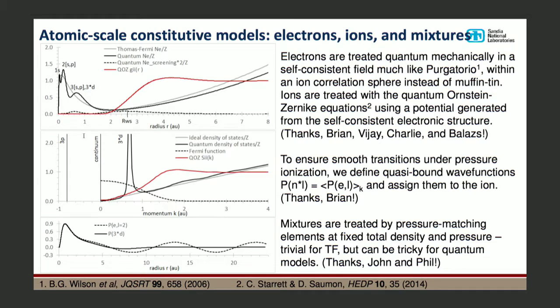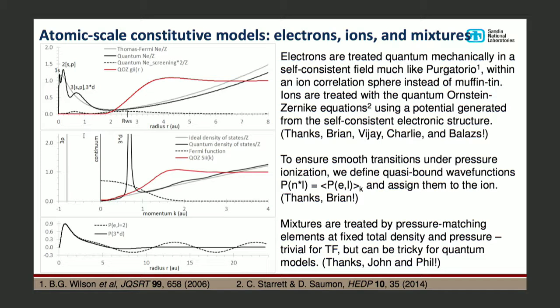The model that I'll be talking about, again, trying to make all these constitutive properties that you use in radiation hydrocodes consistent at least, is based on a fully quantum mechanical picture of all electrons and a classical picture of the ions. And so the electrons, looking as a function of radius, have some structure that represents electronic orbitals in materials.